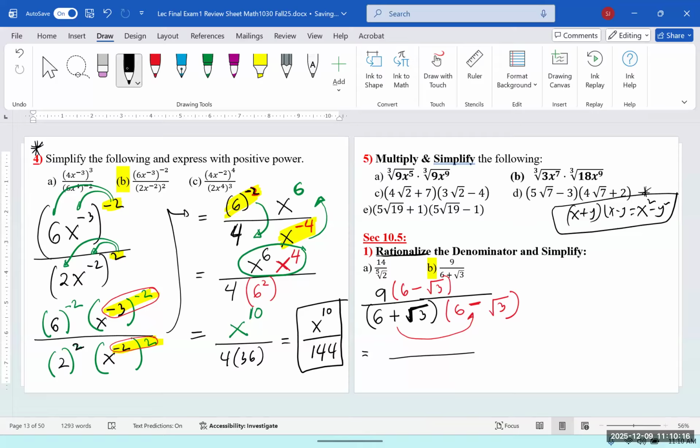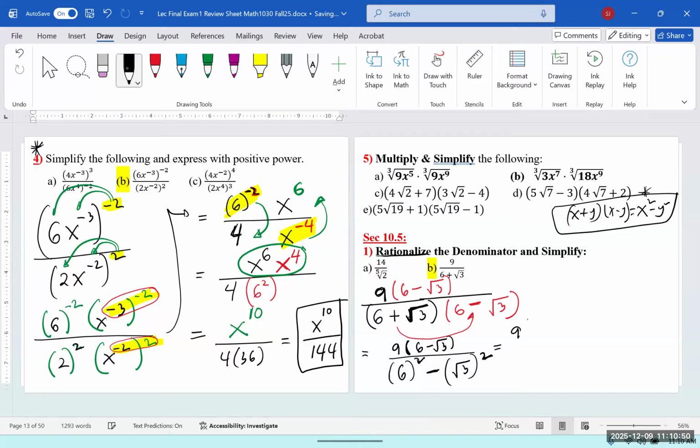So anytime you multiply conjugates, the result is the first term squared minus the second term squared. So that's why we use conjugate, because you don't have to use FOIL to get rid of the radical on the denominator. And for the numerator, since it's only one term, let's keep it for now and see what we can do later.